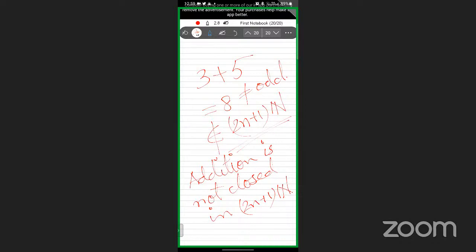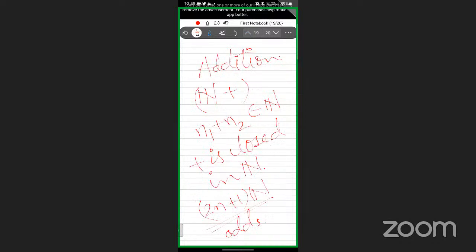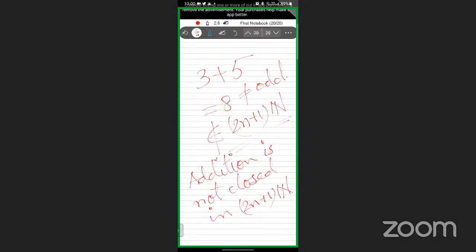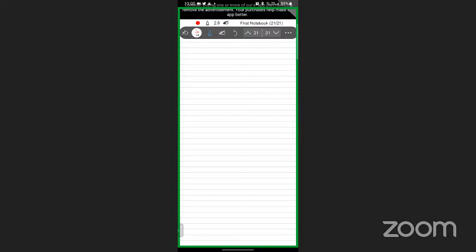Is it clear? This property, closed. You wanted an example. Yes, sir. So that's what we mean by the closure property. I think she wants an example of a binary operation. Addition, subtraction, division, multiplication are all binary operations.